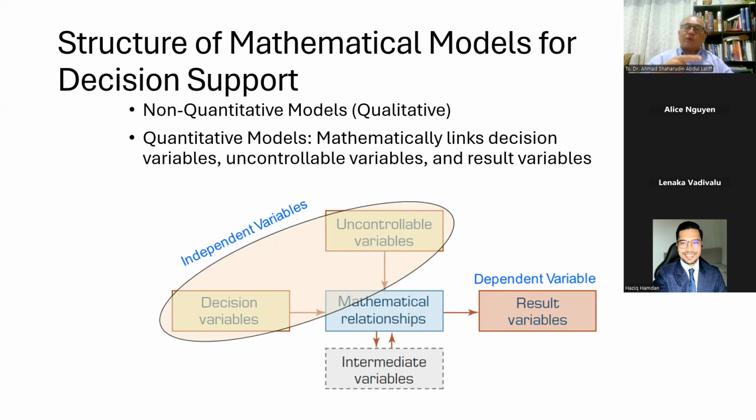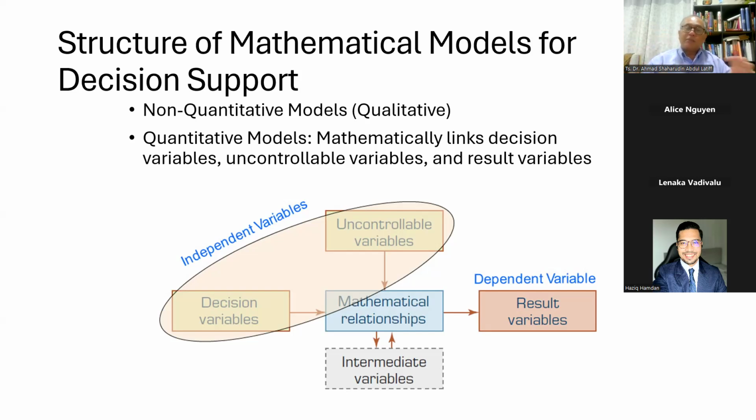And then there are also uncontrollable variables like the exchange rate, the fluctuation of currency, the weather, for example climate change, also the regulation, the new rules, the new tax imposed on certain businesses. Those are not controlled by the company. So these are called uncontrollable variables.